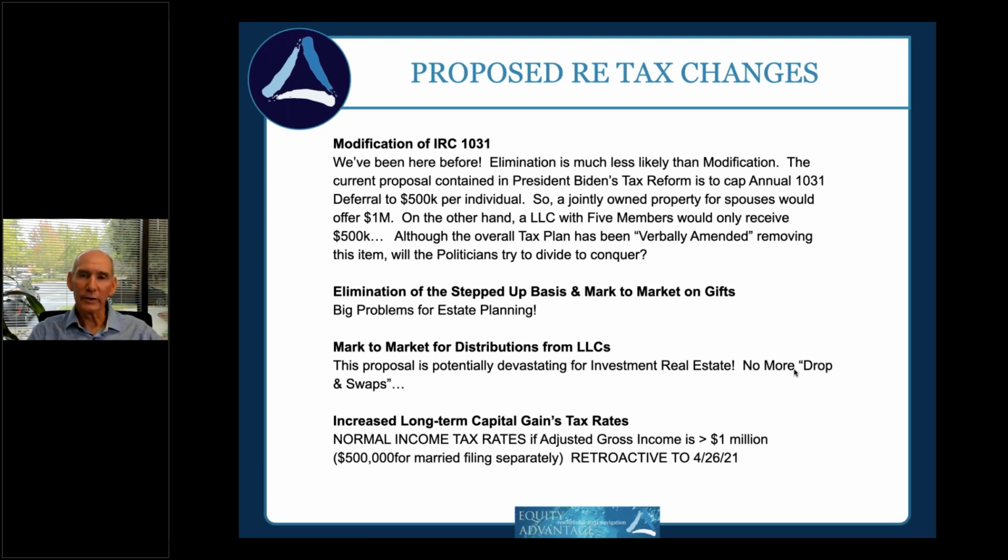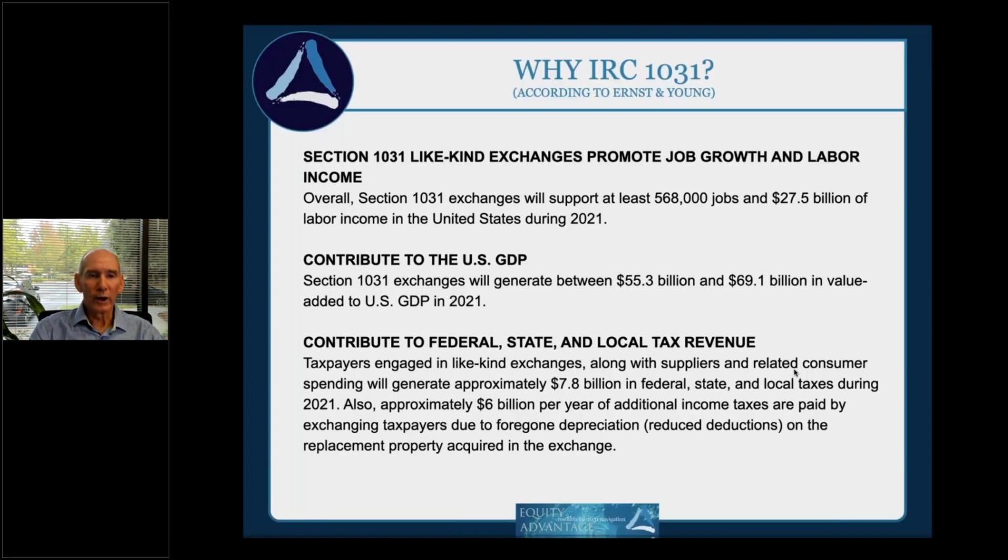Now, I've got a slide in here talking about what people are up to right now, and there's a fair number of people that might just set up an exchange to buy 45 days to see if they can get any clarity on where we're headed with tax reform before they decide whether they actually have to complete the exchange or they just want to terminate the transaction and receive their funds on day 46. This stuff is big and it's out there and you need to be aware of it.